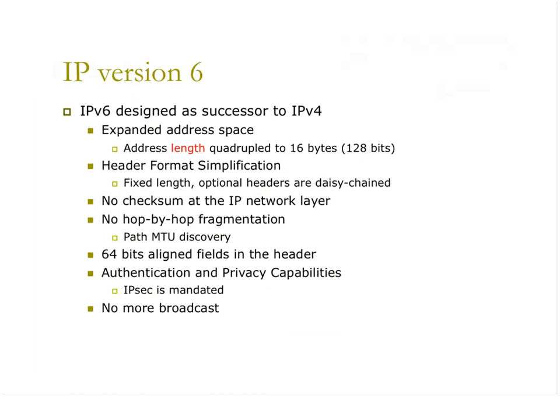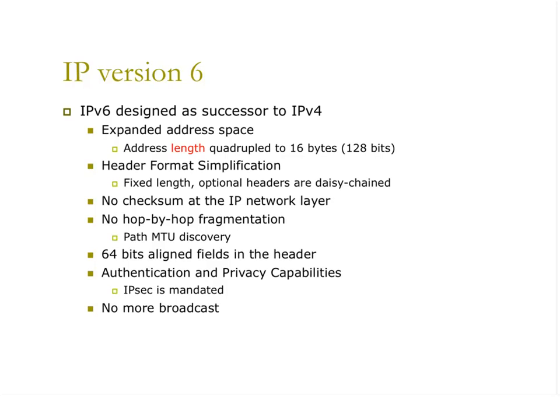The main feature of it is the address space. Instead of the 2 to the power 32 that we're used to in IPv4, we now have 128 bits available, which represents a huge range of IP addresses. The header format was also simplified. Checksum in IPv4 is no longer there. And there are also authentication and privacy capabilities built into IPv6.